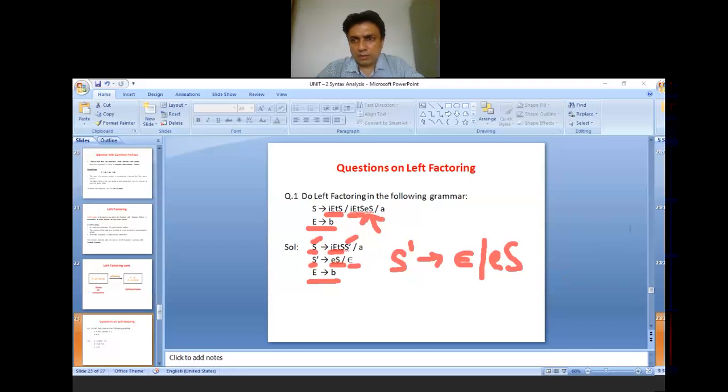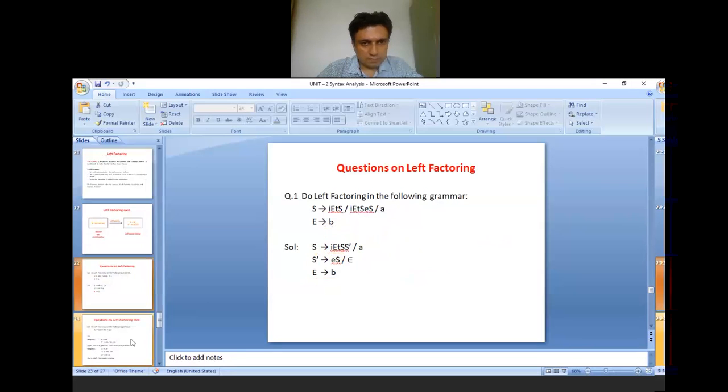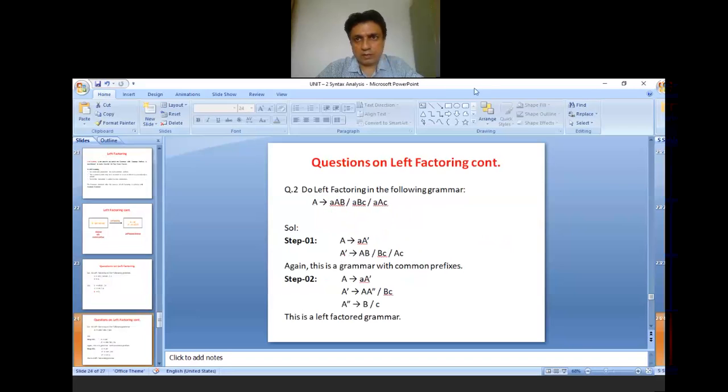Okay. So let us discuss the second example, which is somewhat more complex than the first. Here in the second example, a question is given: do left factoring in the following grammar. First check whether the grammar contains left factoring or not.